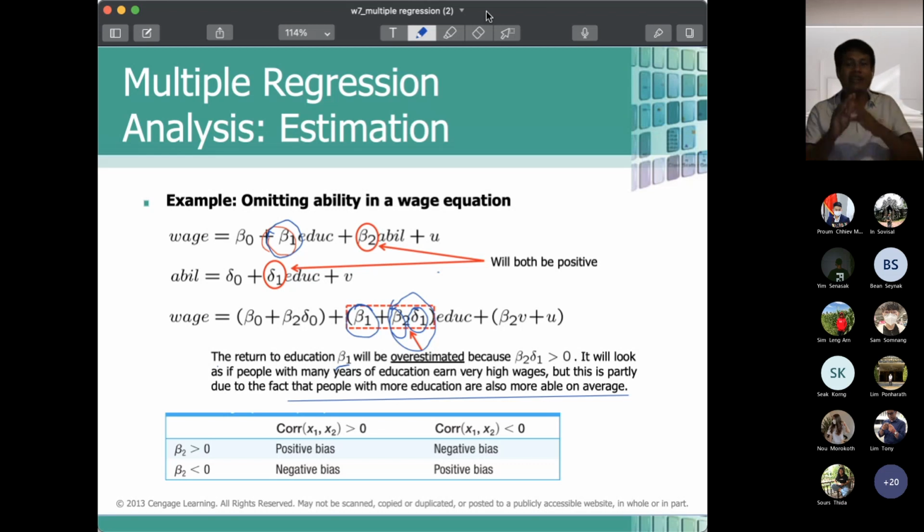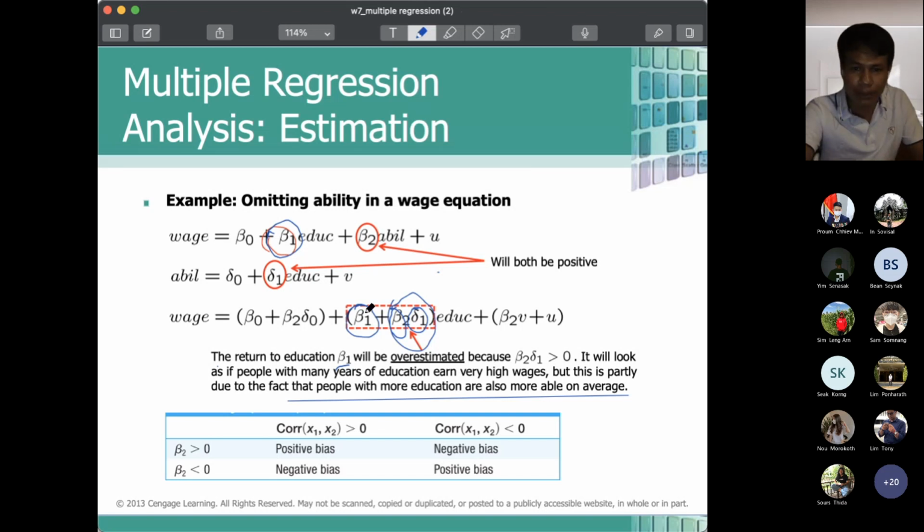Assuming that you delete ability from your model, how do you know that the estimate is larger or smaller than the true effect? In this case, you need to understand the relationship between the omitted variable and the dependent variable, and between the omitted variable and your independent variable of interest.